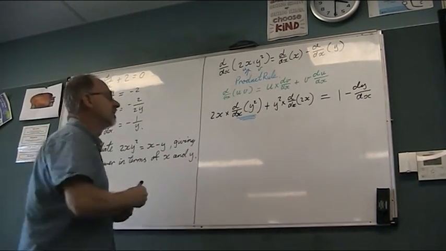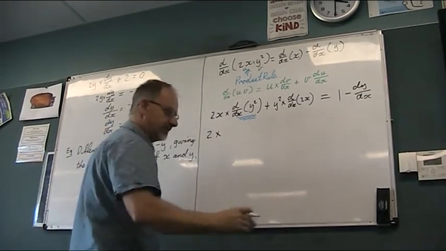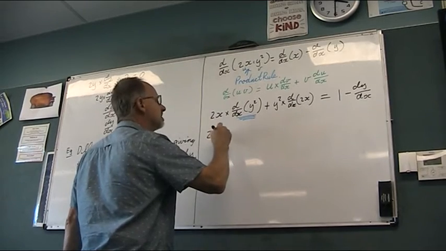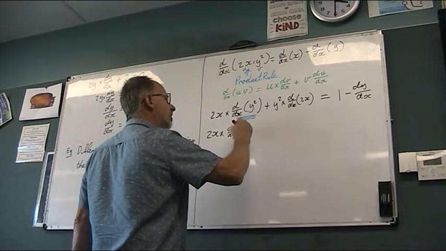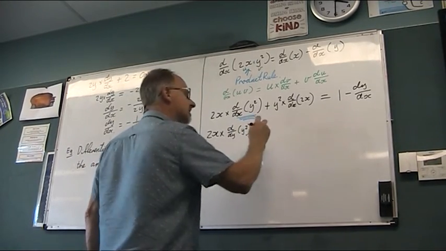So 2x times the derivative of y squared with respect to y, times dy dx.